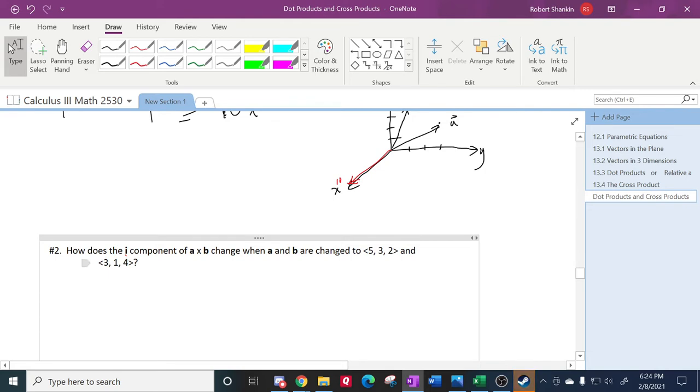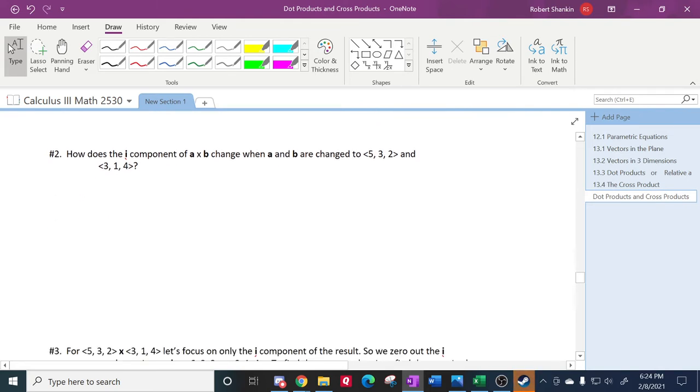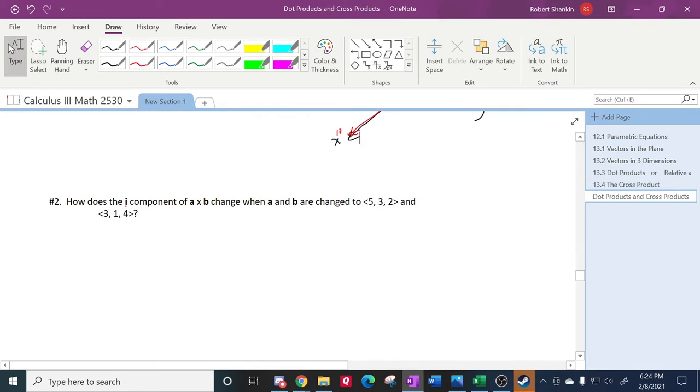But we only have to find the I component of A cross B. Let me give you a minute to get this. Okay, and when you get an answer, type it into your group chat.